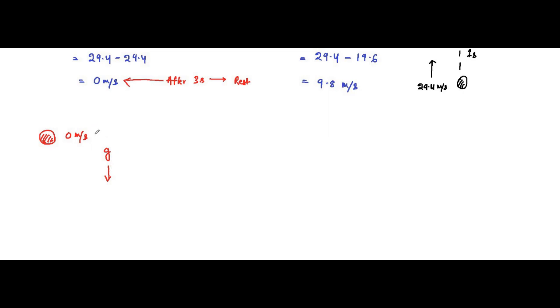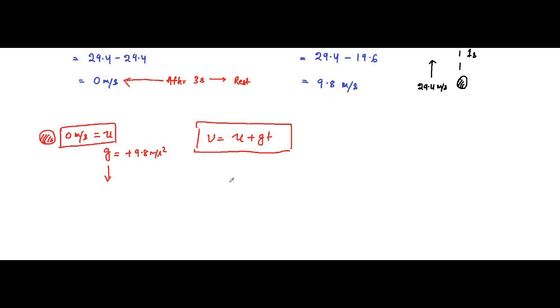For the downward journey, the initial velocity is 0 meters per second. Acceleration is plus 9.8 meters per second squared acting downwards. So the equation of motion applicable for the downward journey is v equals u plus gt, which gives the final velocity at each time instant.